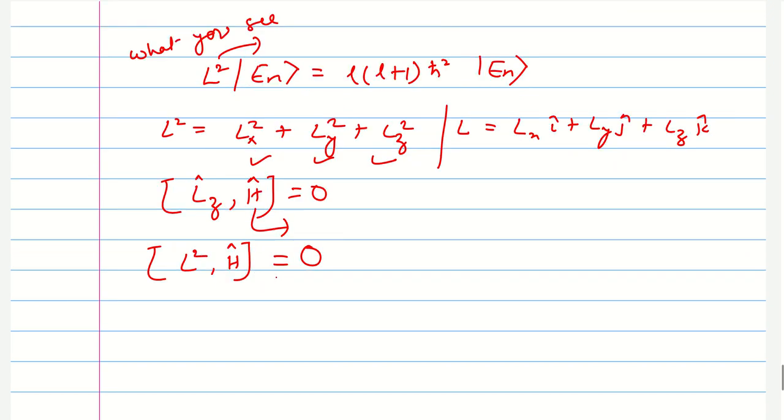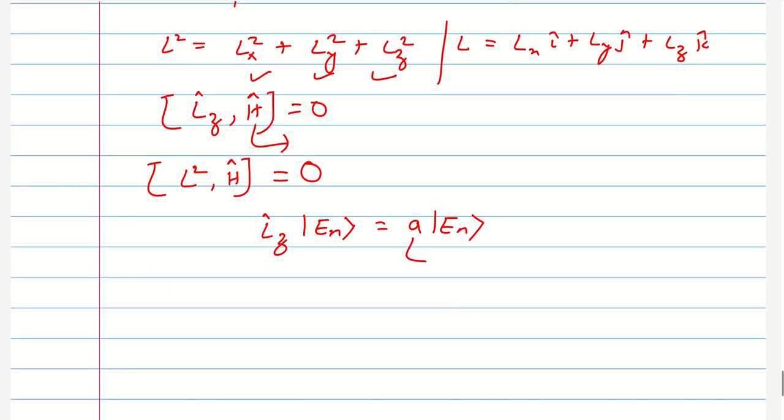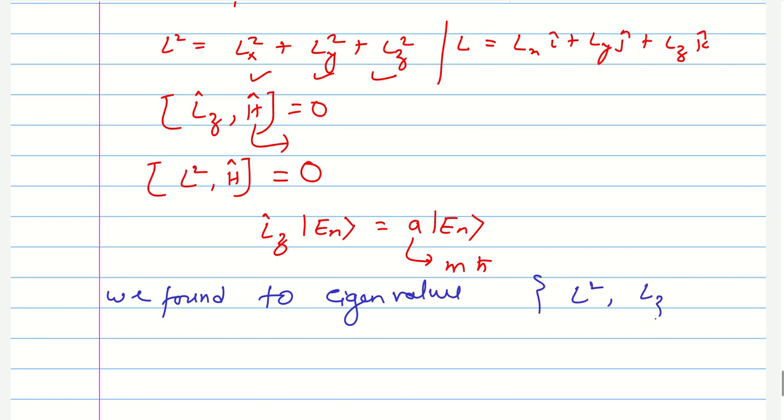So from this we see that Lz has an eigenket same as energy eigenket, and again you are going to get some constant. Let's say you are going to get constant A, and it is found that A is going to be mh cross. So here we found two eigenvalues. What are those? One corresponding to L square and another corresponding to Lz.